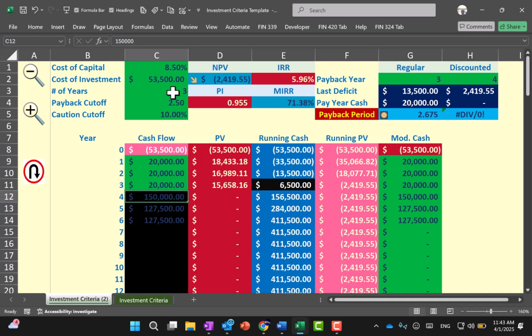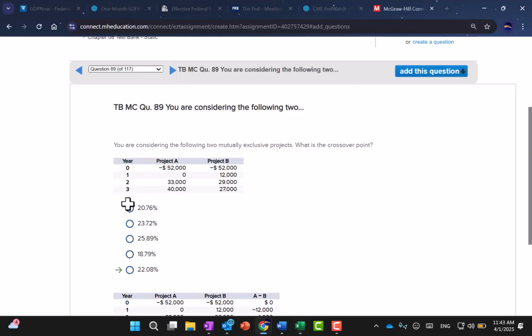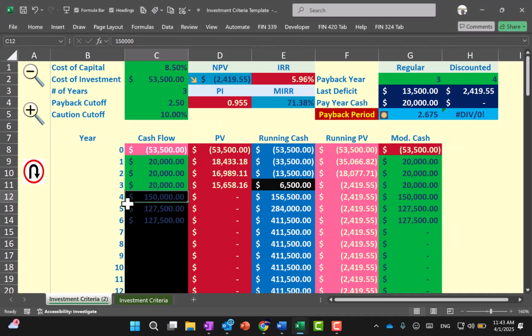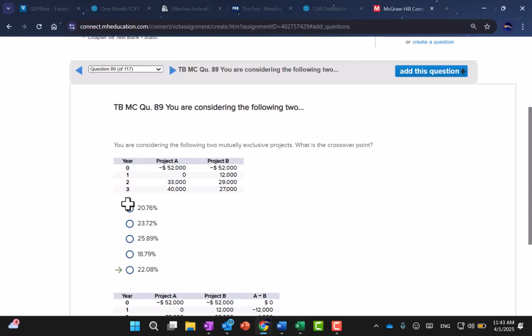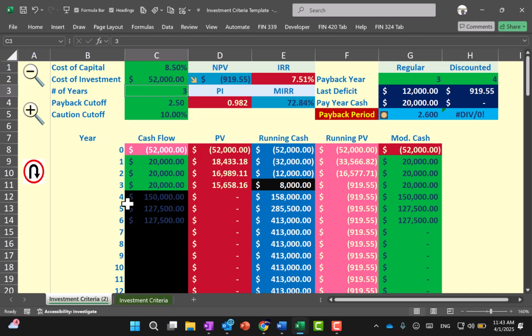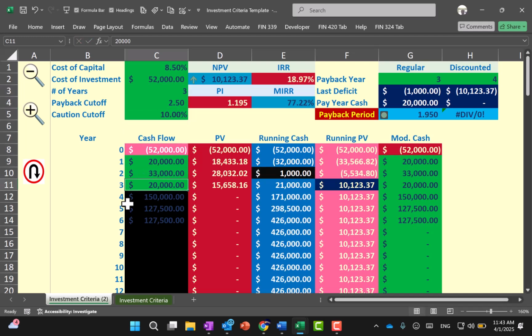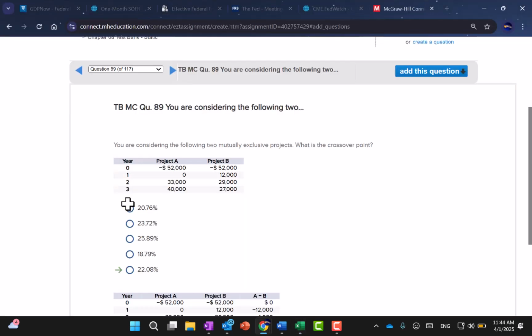So I'm going to enter the numbers for both projects. Both of them are negative 52,000. 3 years of cash flow, 0.33.4, 40, not 4.